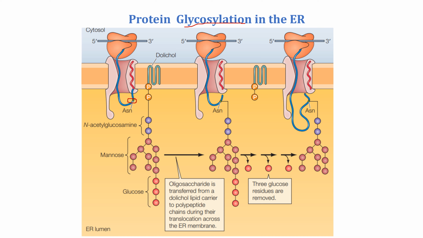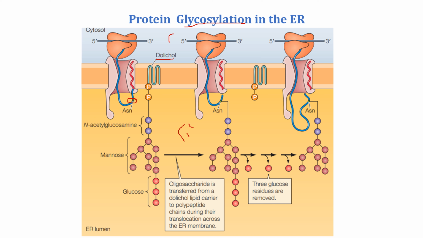But here, in the ER lumen, only N-linked glycosylation occurs. So what happens in glycosylation? There is a glycolipid that contains oligosaccharide units: N-acetylglucosamine, mannose, and glucose.